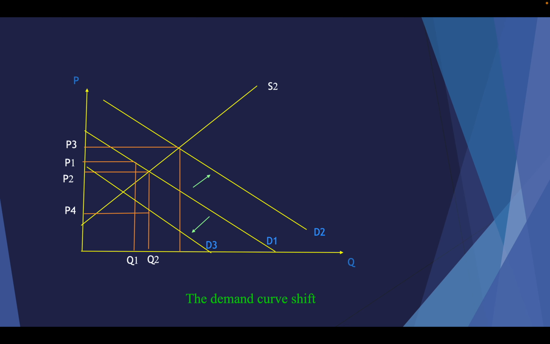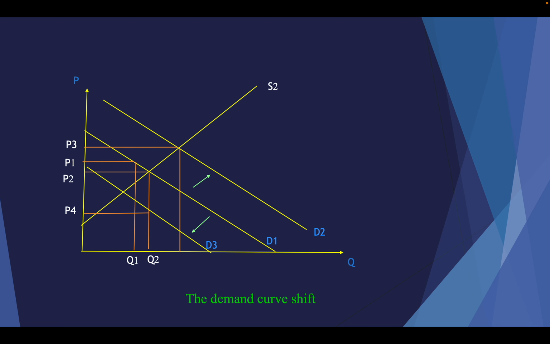But here the price is not changing, the other factors are changing. What are the other factors? Price of the other goods, consumers' income, number of buyers, consumers' taste. As an example we'll take consumers' income. When the demand curve changes, for good things in economics it normally shifts to the right.